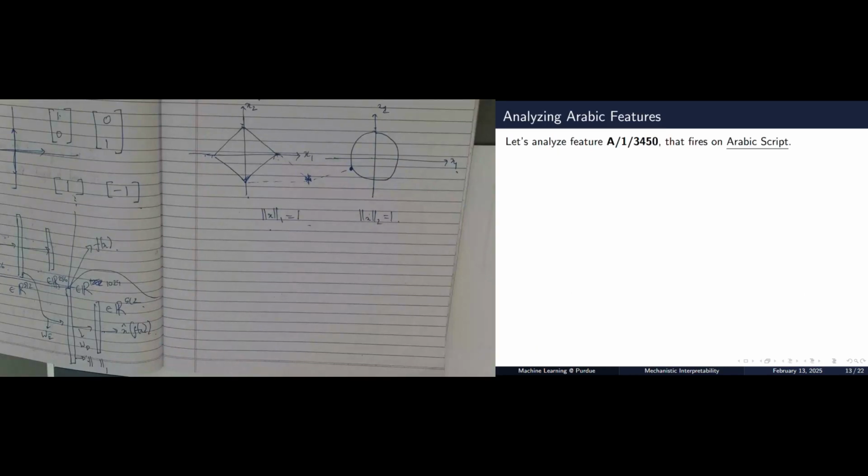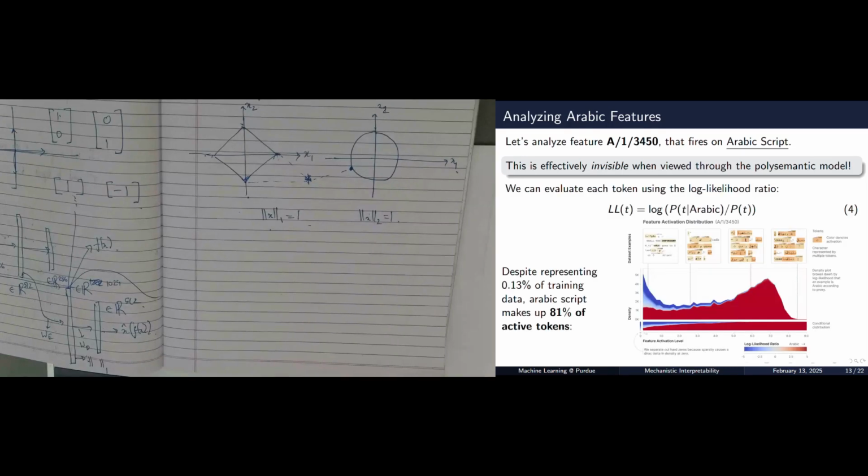One example of the features is the Arabic feature, which is effectively invisible when viewed through the standard polysemantic model, where they compute the log likelihood of the feature activation. So the likelihood of a token, given that the token is Arabic, over the probability of just seeing a random token.